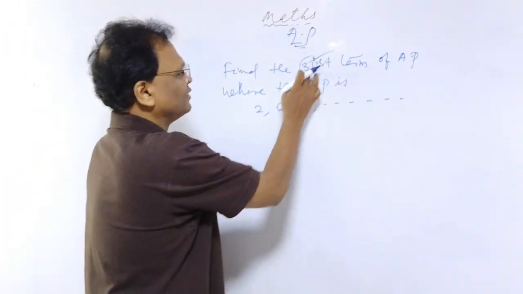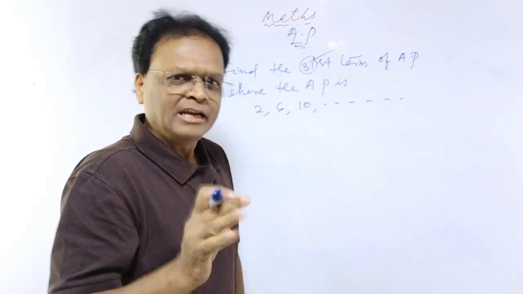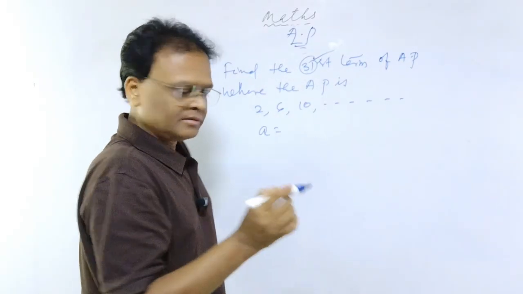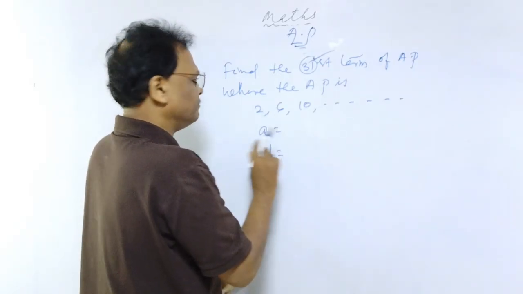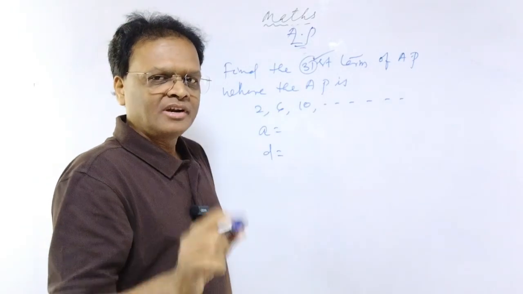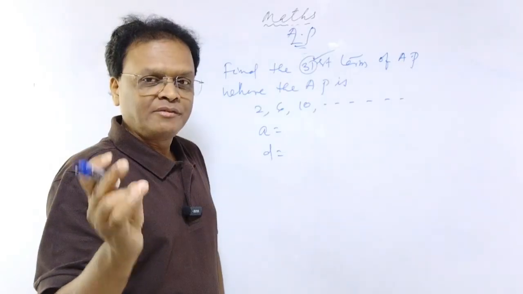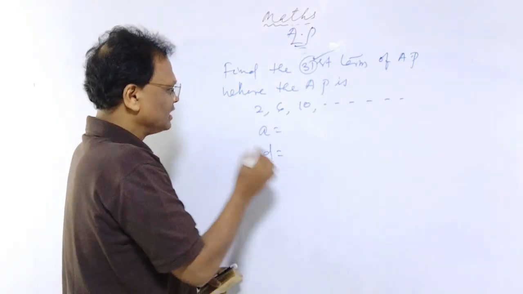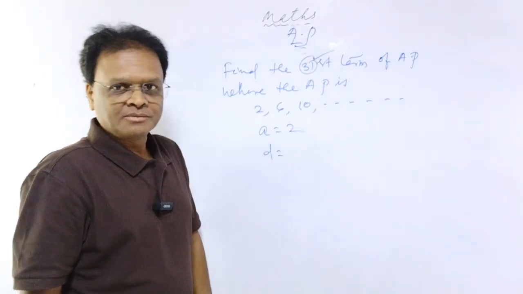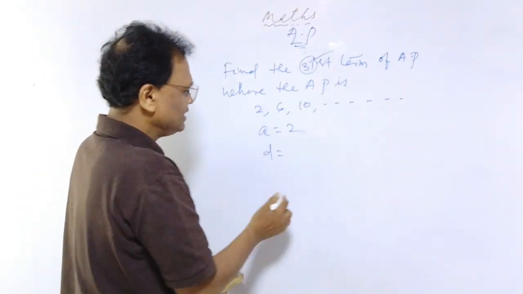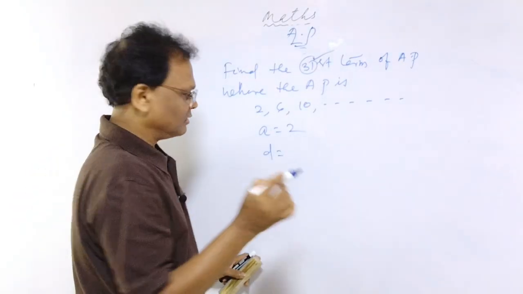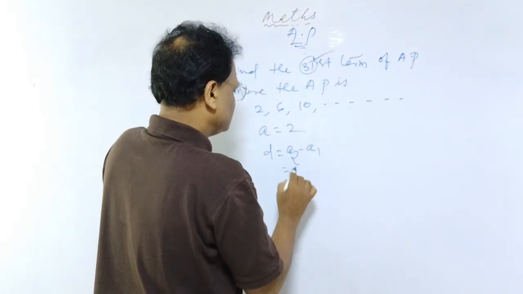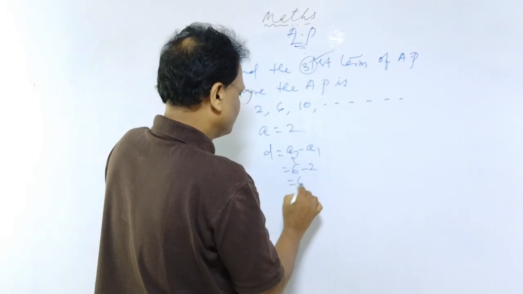Very simple. For finding any term, two things are required: one is A and the second is D. If you are finding any term, 30th, 50th, 60th, 70th, whatever, these two are required. What is my A? 2, the first term. The formula for D is A2 minus A1, that is 6 minus 2, which is 4.